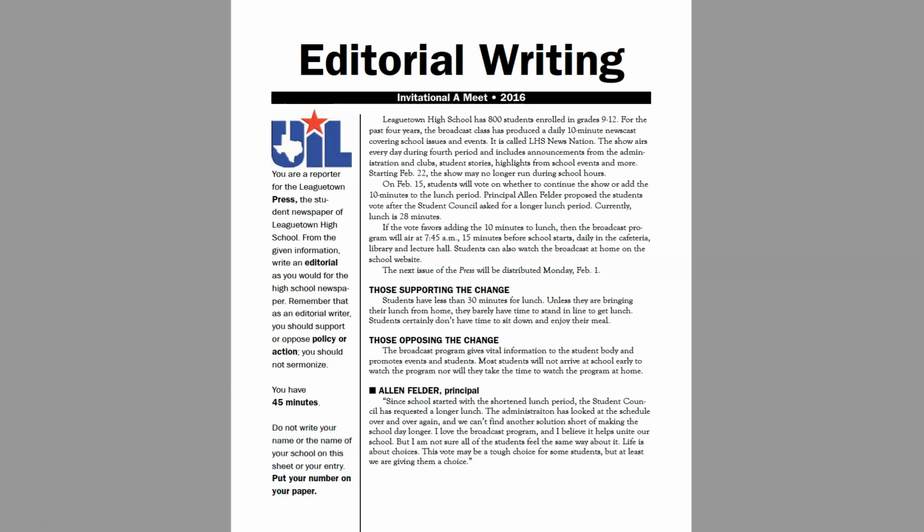When you get this prompt, what you're looking for is what position you're going to take. Okay? You need to have a pretty clear idea once you've read this prompt of what position you're going to take in support. You cannot be wishy-washy with it. The idea is that they can see that you really know how to write an editorial. So you need to take a very clear staff stance.